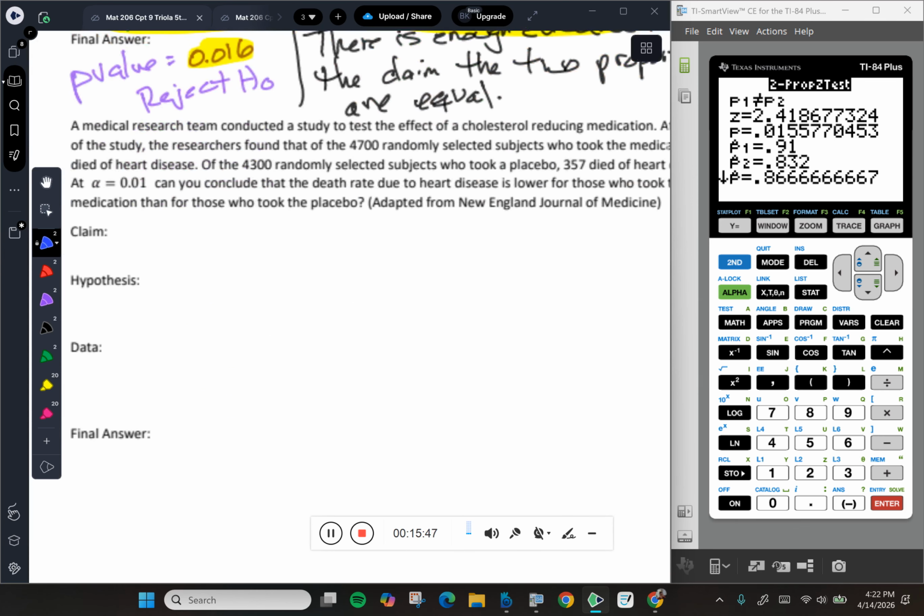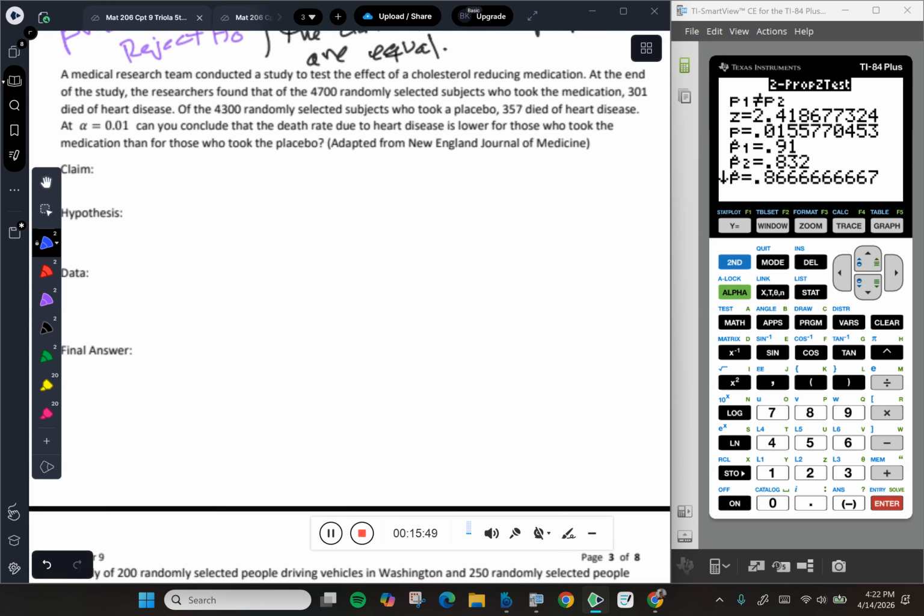Right. Let's take a look at a second example here and see if we can make some sense out of it too. All right, that one went pretty well, I feel, but let's hope this one goes as well too. All right, a medical research team conducted a study to test the effects of a cholesterol-reducing medication.